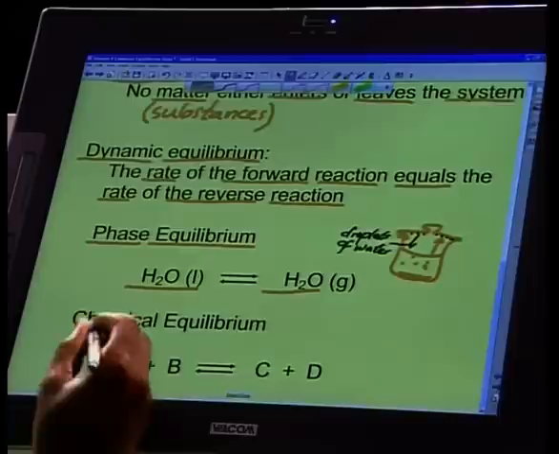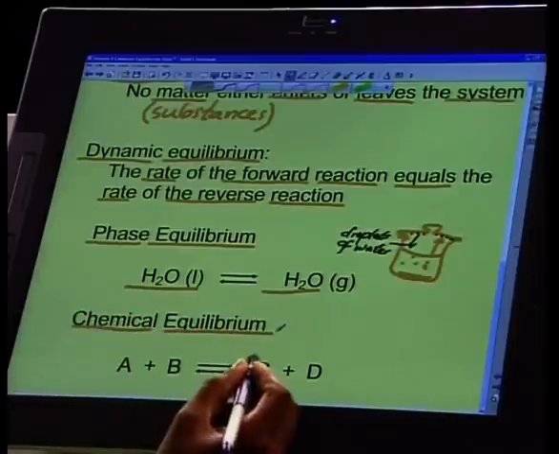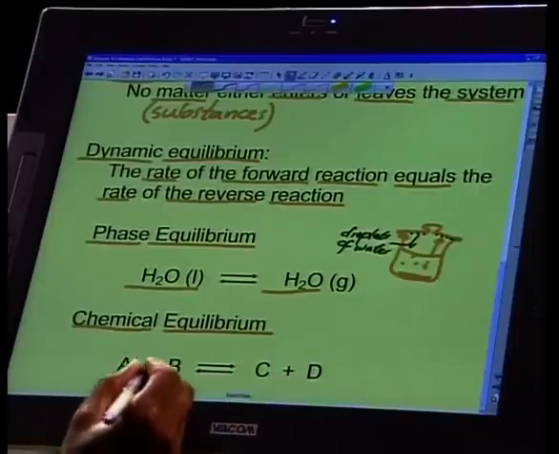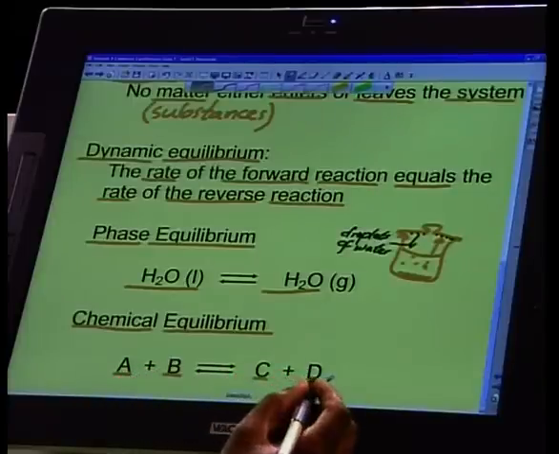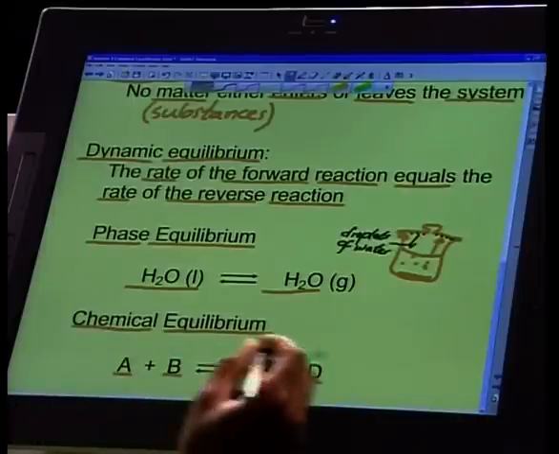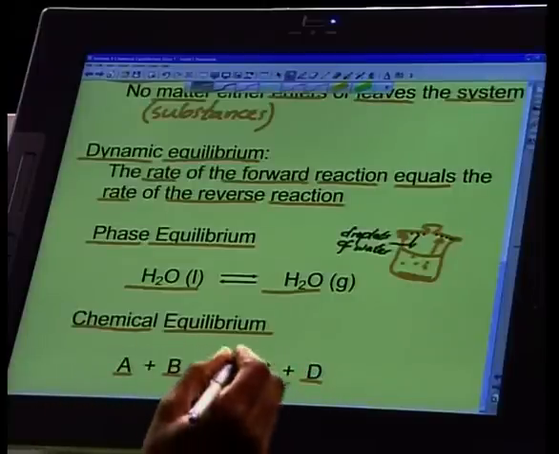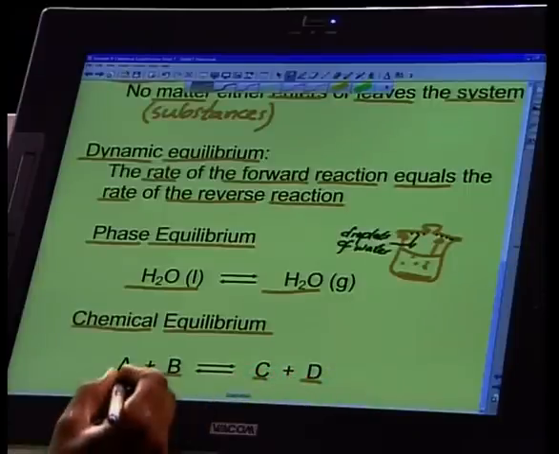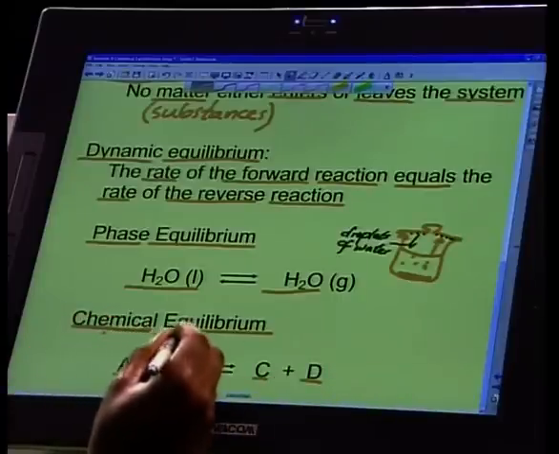But then we also have what we call chemical equilibrium. Chemical equilibrium would mean that if we have chemicals A and B reacting together to give us C and D, the rate at which the forward reaction takes place, in other words, how fast A and B are reacting to give us C and D, at that point when C and D react equally fast to give us A and B, at that point we have reached a state of chemical equilibrium.